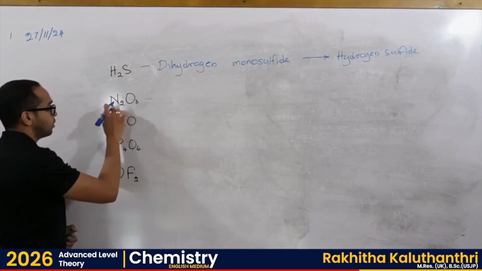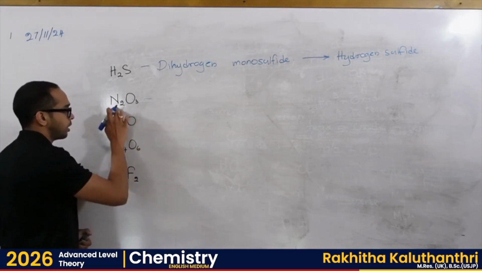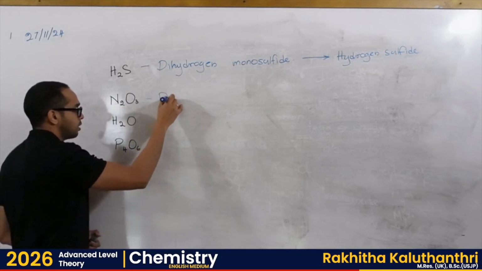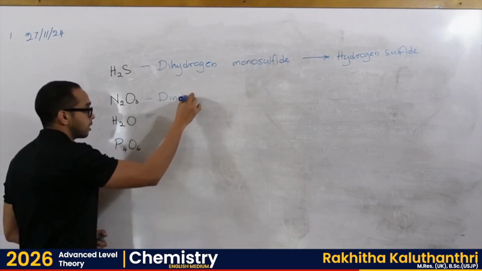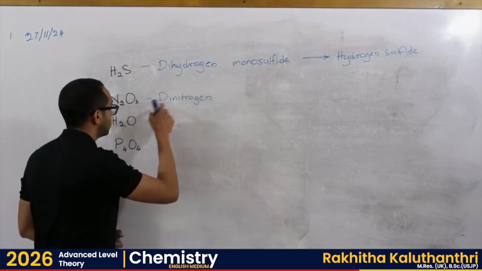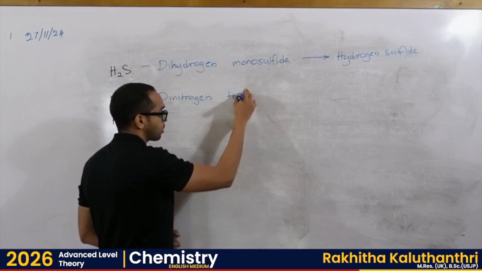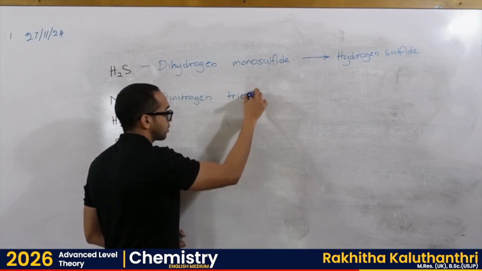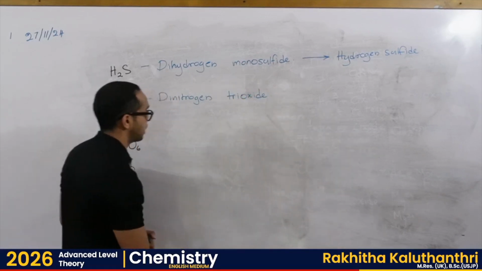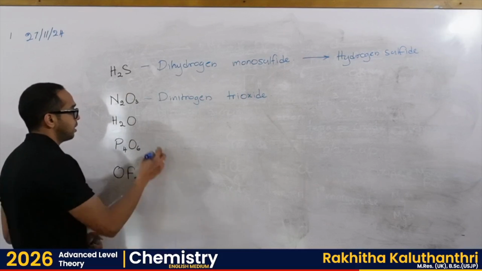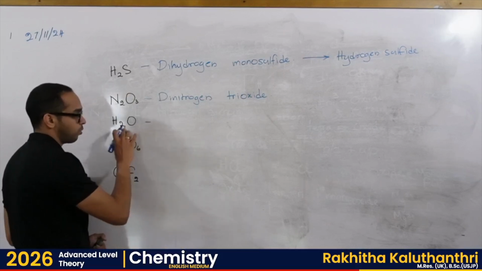So when it comes to N2O3, there are two nitrogens, so the naming starts with dinitrogen trioxide. Dinitrogen trioxide, and then here we have water. Water is the common name.